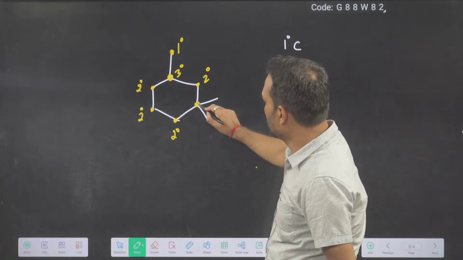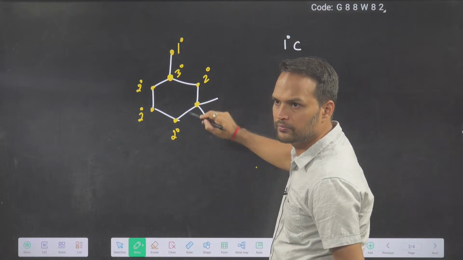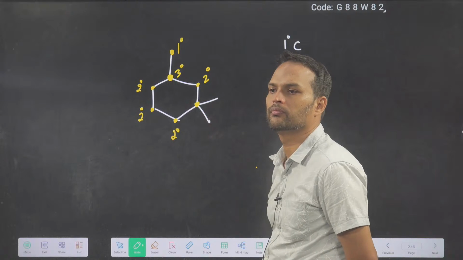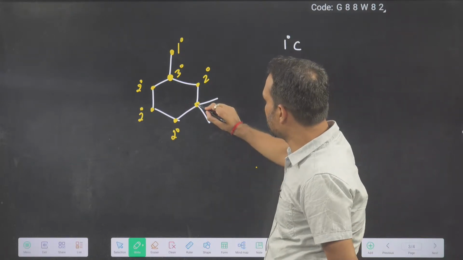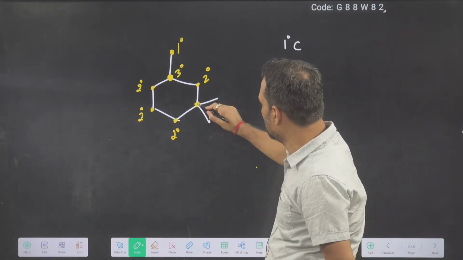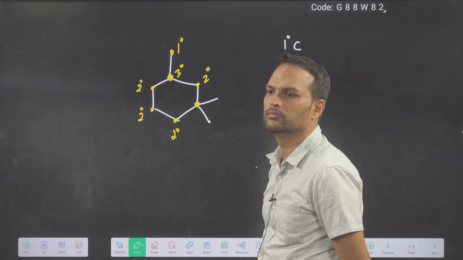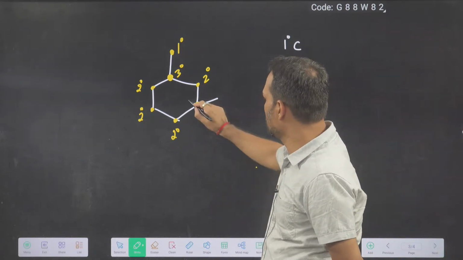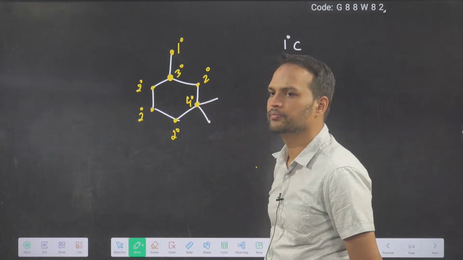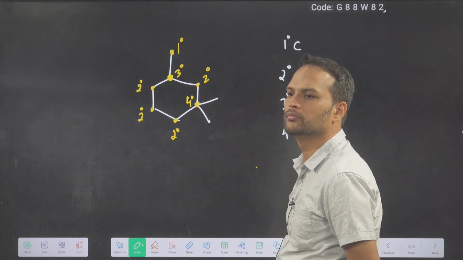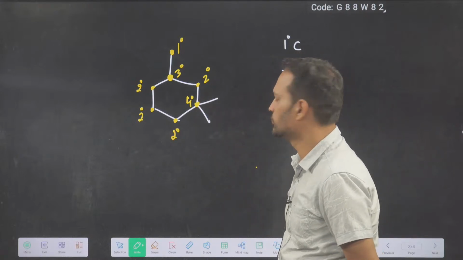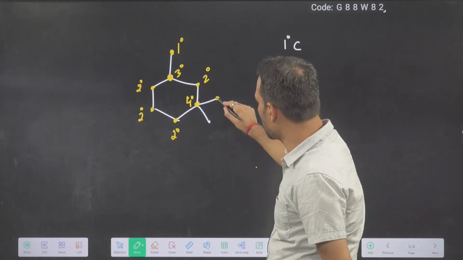What is the degree of this carbon? This is connected to how many carbon? 1, 2, 3, 4. So this is a 4 degree carbon. Clear? Next, this carbon.